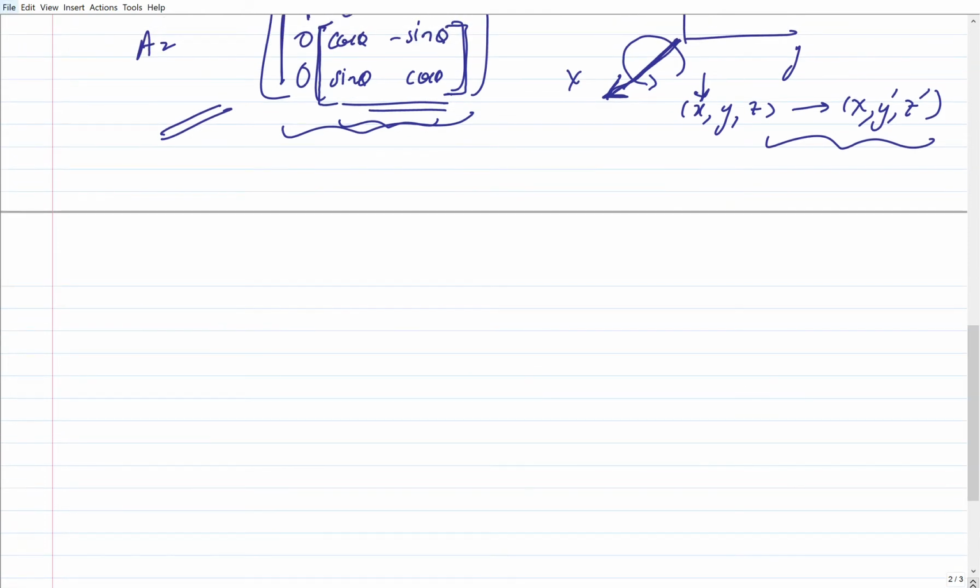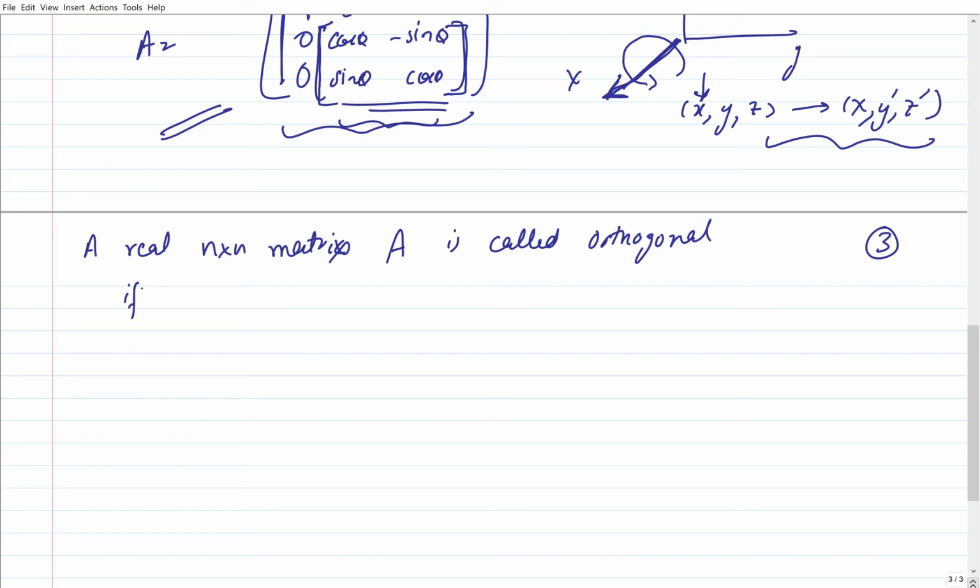So what do we have? We are going to define what SO2 and SO3 mean. A real n by n matrix A is called orthogonal if A transpose equals A inverse, or you can say A transpose A equals the identity matrix.